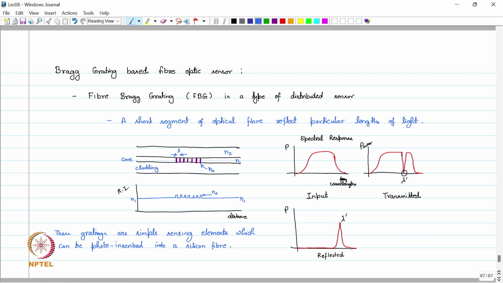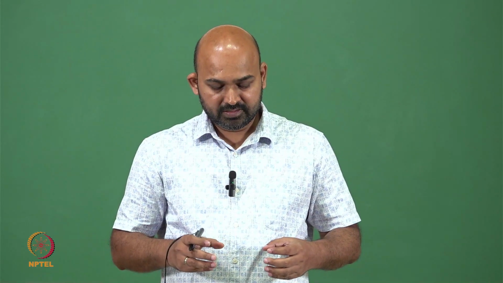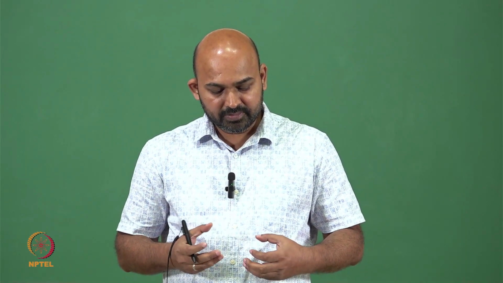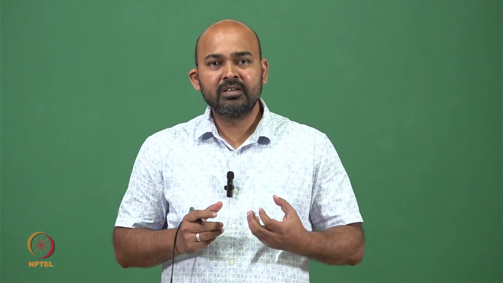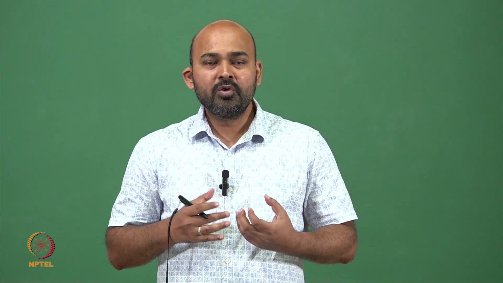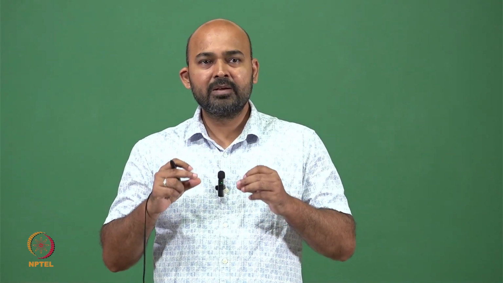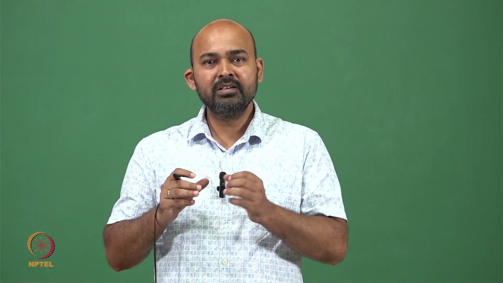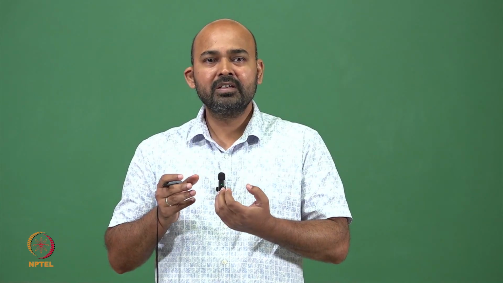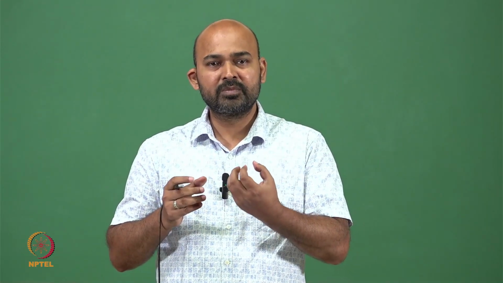So this is the property which we call fiber Bragg grating based sensor. This is the property we want to use now to make an actual sensor. So what we know is we put a grating, and based on the spacing of this grating, a certain wavelength is reflected back from this grating.